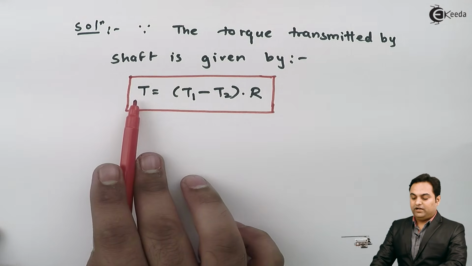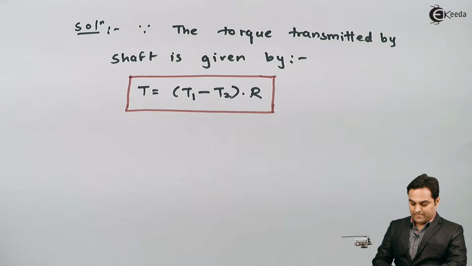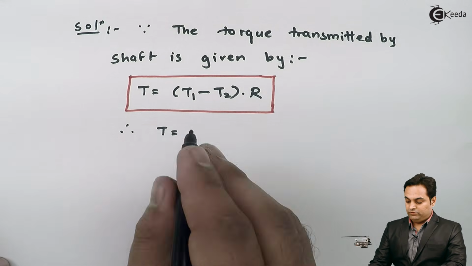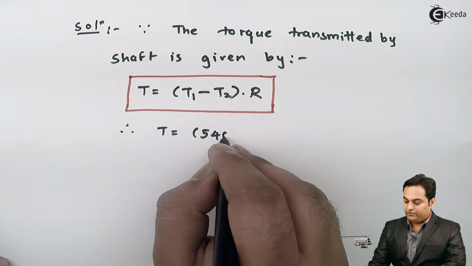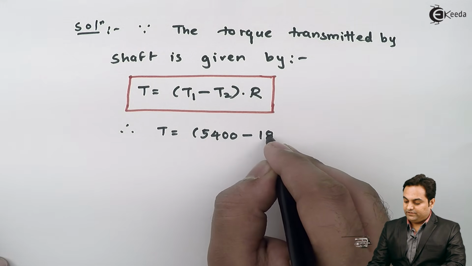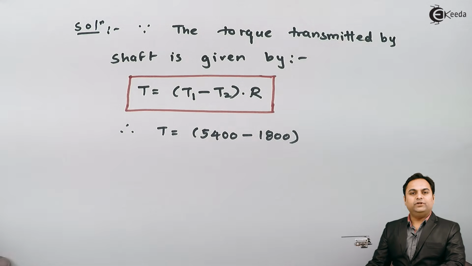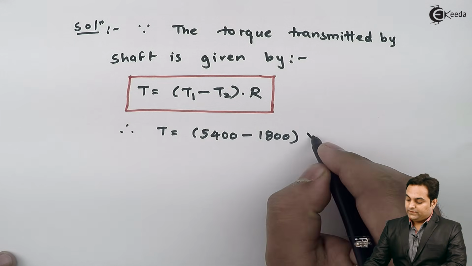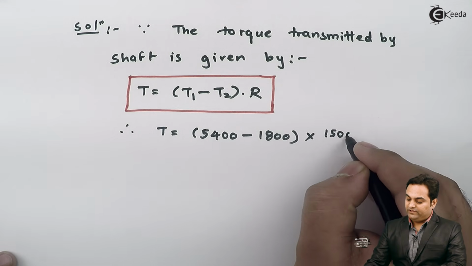From this we can get the amount of torque which is transmitted. So therefore I'll say that capital T is equal to T1 minus T2, that is 5400 minus 1800, multiplied by the radius of the pulley. The diameter of the pulley is given as 1.5 meter or 1500 mm, so the radius would be 1500 divided by 2.